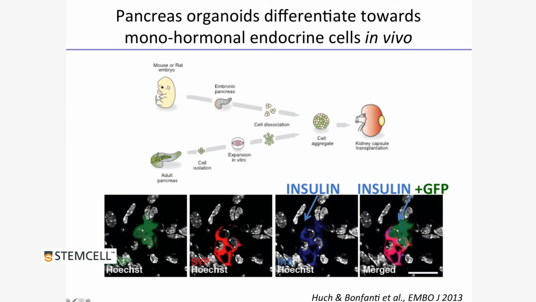And the answer was yes, they can. Indeed, what we found is these GFP positive cells start expressing synaptophysin or insulin, which are of course endocrine markers. We also observed that they express glucagon and somatostatin, in a monohormonal way, indicating that the embryonic pancreas could instruct the adult ductal organoids to differentiate once they were in the right environment.